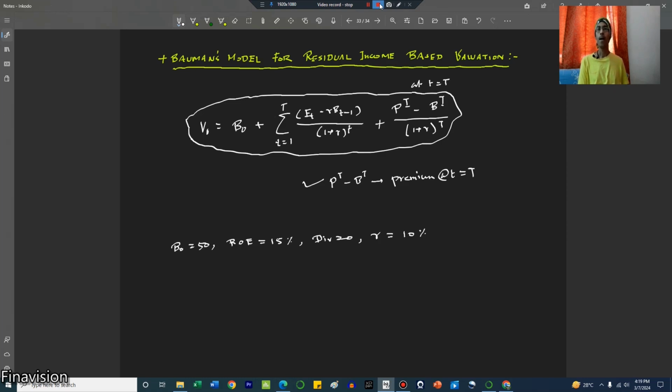Now this will persist for 5 periods, that is T equal to 5. At T equal to 5, whatever the book value is, there will be a premium: PT will be 25% of the book value at time T, right?